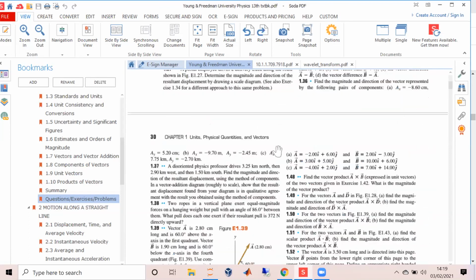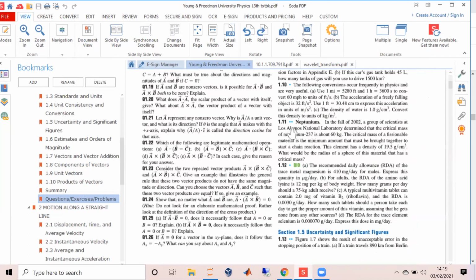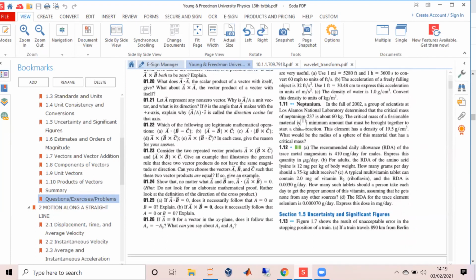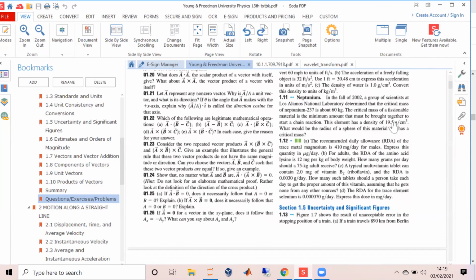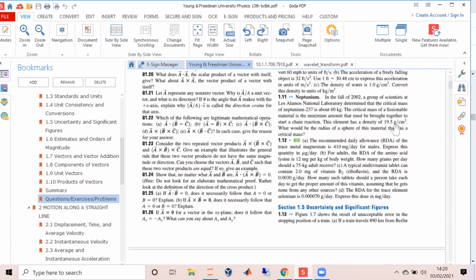So, for example, this exercise 1.11, okay? Let's think about it. A group of scientists determined that the critical mass of this element is about 60 kilograms, okay? We know the density, which is expressed in grams per centimeter cubed.